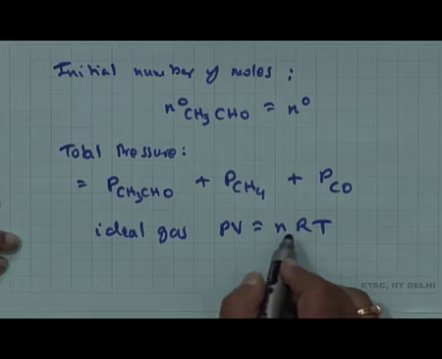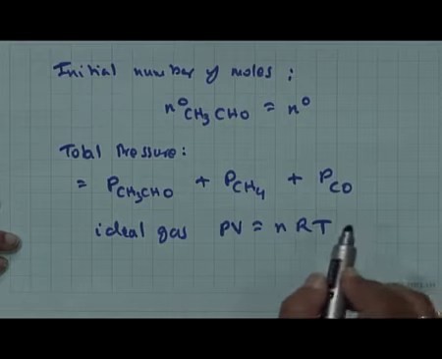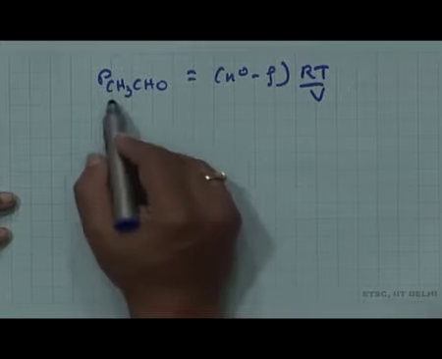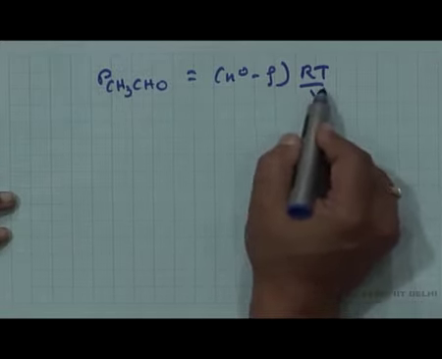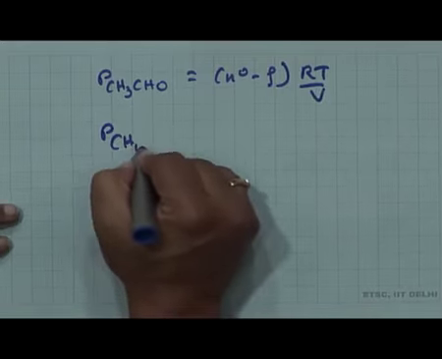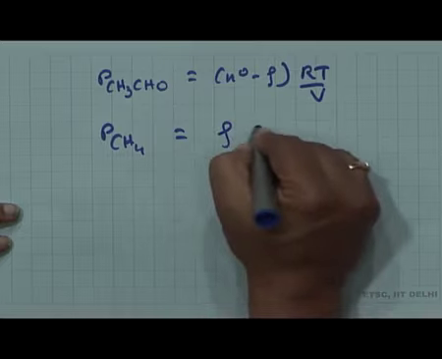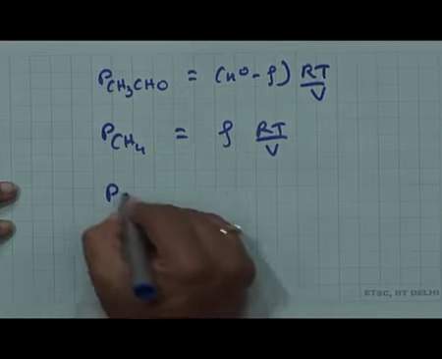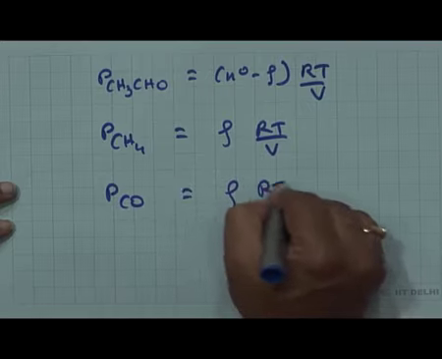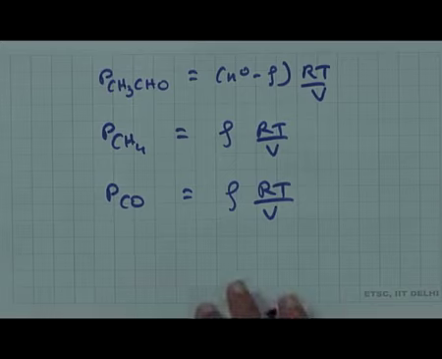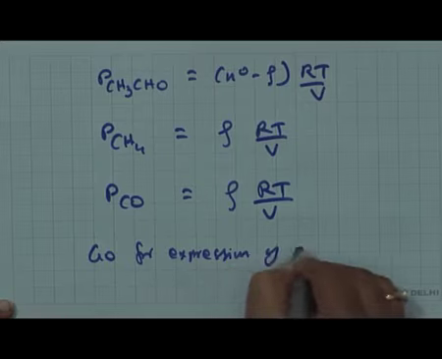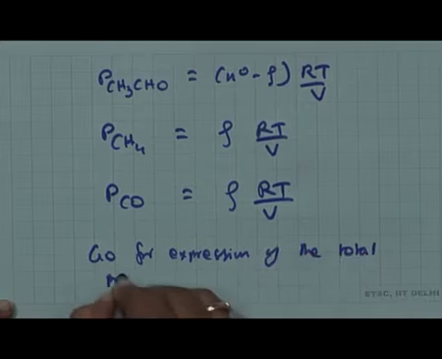It is N0 minus xi, because xi is the extent by which the reaction has progressed, times RT by V. So P CH3CHO is equal to N0 minus xi times RT over V. Likewise, we can write the same for P CH4, which is equal to xi RT over V, because xi is the number of moles of methane, and the same for carbon monoxide is xi RT over V.